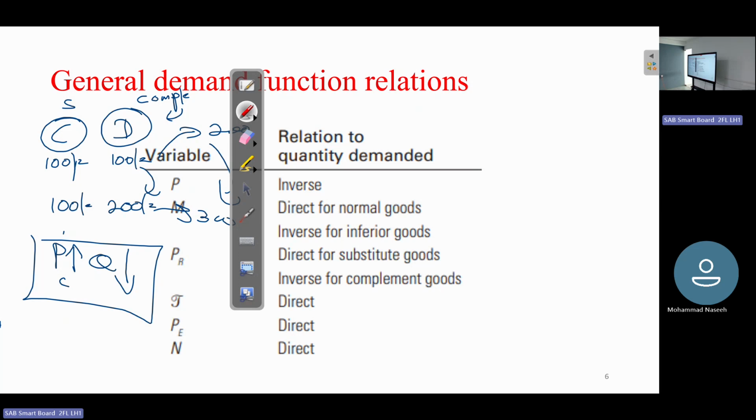The relationship is this: when the price changes, quantity demanded changes. When the other factors change, what changes? Demand changes. We'll take a small topic on that.